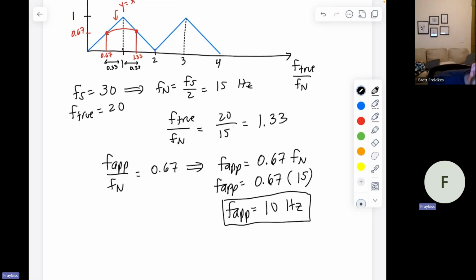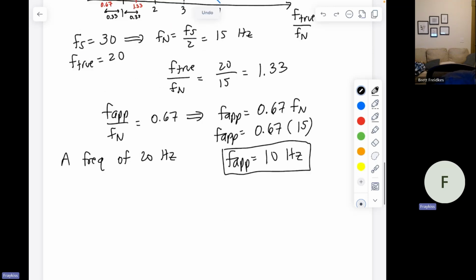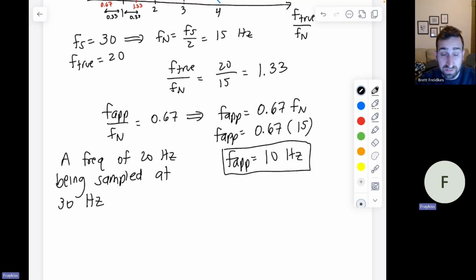So to summarize this conceptually, a frequency of 20 hertz, that's F true, being sampled at 30 hertz. And if you keep in mind, we're not sampling double that frequency, which basically tells us we're going to alias.